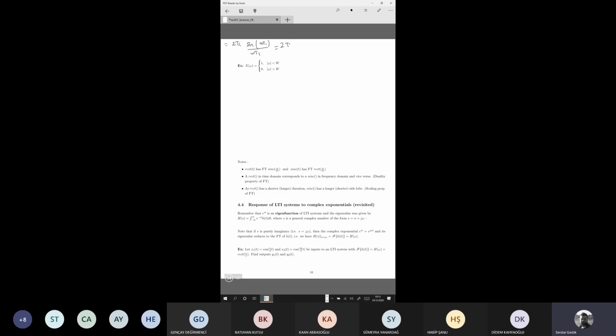It is 2t1 times sine of omega t1 over pi times pi over omega t1 over pi. Well, sine something pi over something pi, of course, this is sinc of something. So it is 2t1 sinc omega t1 over pi.